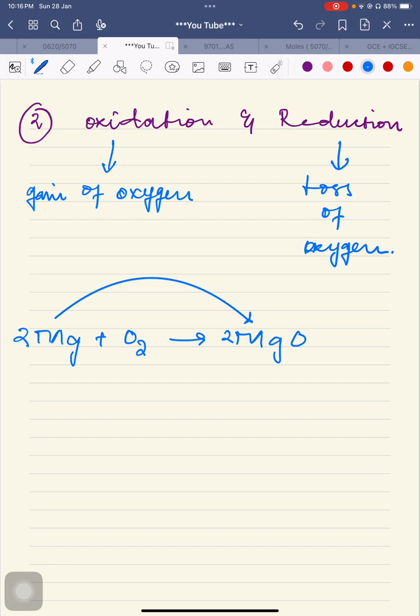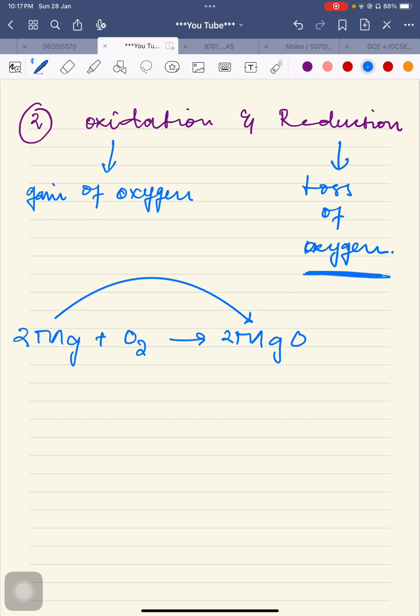One thing should be in your mind: in one equation there is a possibility for the application of more than one definition. So here not only the definition of electrons is implementable, rather the definition of gain of oxygen is implementable as well. We can say that magnesium is gaining oxygen, so magnesium is undergoing oxidation.